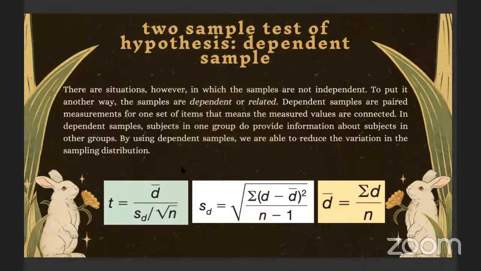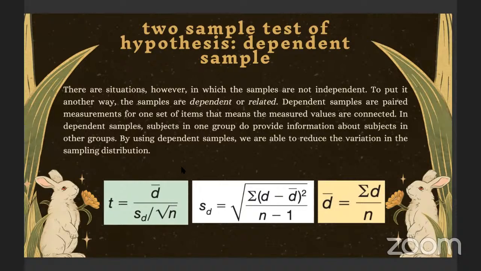And for the last, it is the two-sample test of hypothesis, which is the dependent sample. There are situations, however, in which the samples are not independent. To put it another way, the samples are dependent or related. Dependent samples are paired measurements for one set of items. That means the measured values are connected.